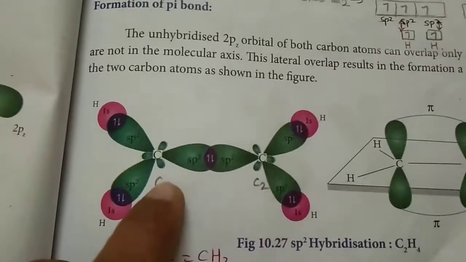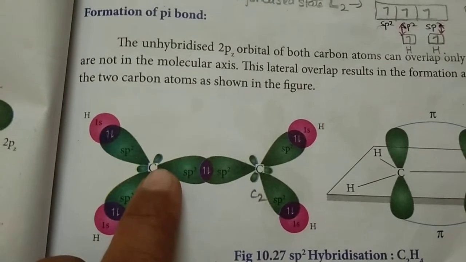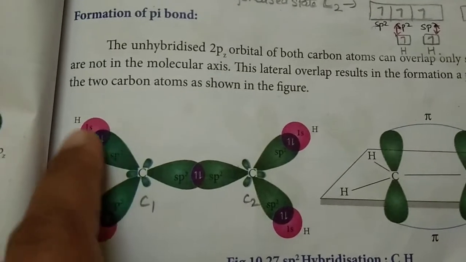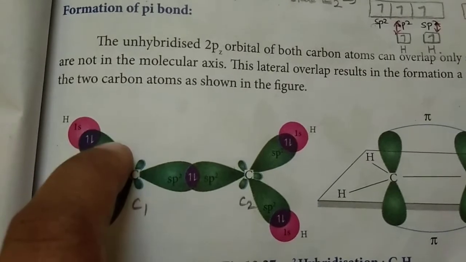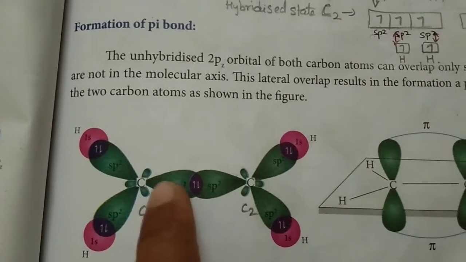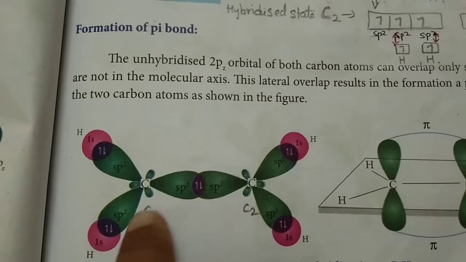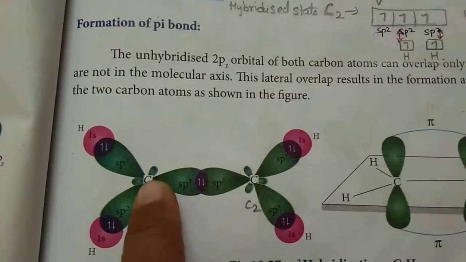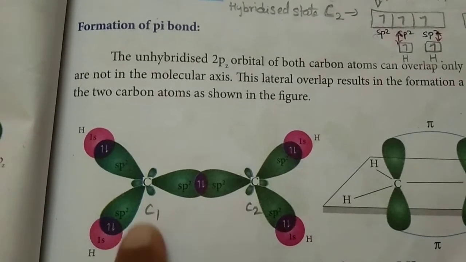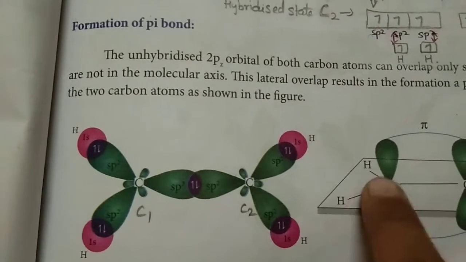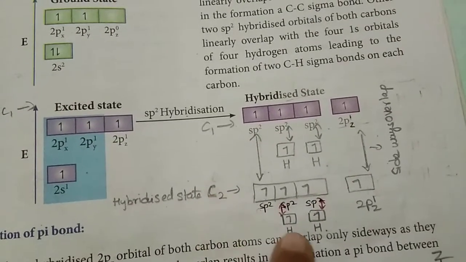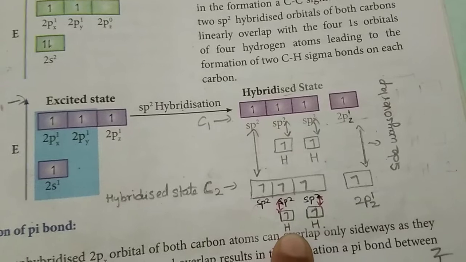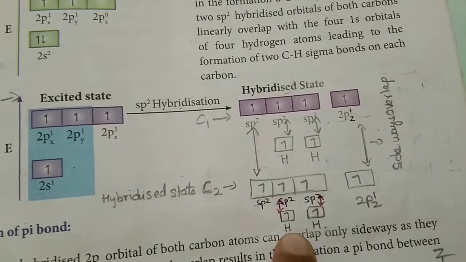See that this is carbon 1, whose sp2 hybridized orbital overlaps with the 1s orbital of hydrogen forming a sigma bond. Like this, and this is the sigma bond.